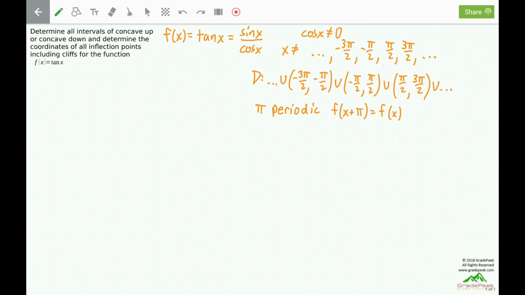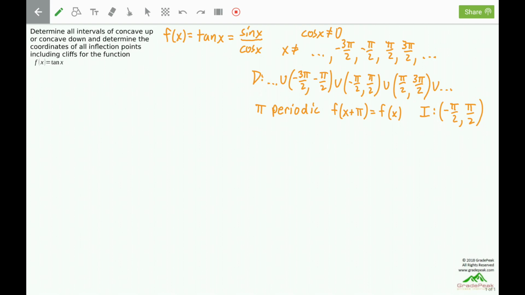The usual interval to pick is this one here, though any of them would work. So we can determine everything within this interval of negative pi over 2 to positive pi over 2, and then extend the results to the entire domain using the pi periodic nature of tangent of x.